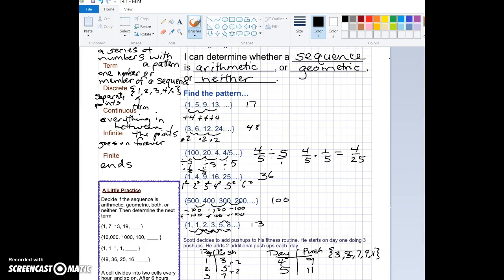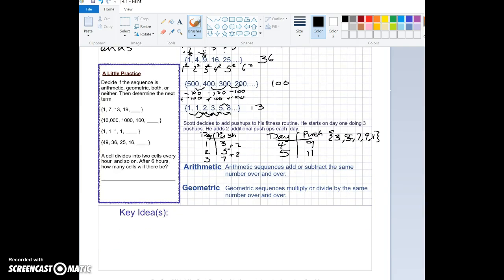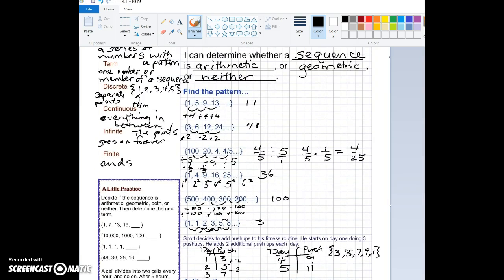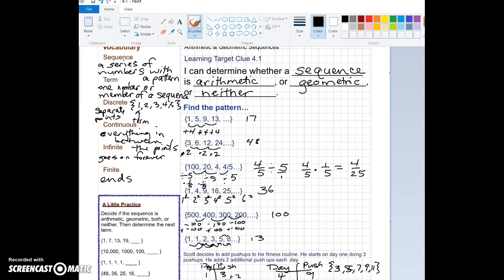So I want to teach you about 2 different sequences. One is called an arithmetic sequence. The other is called a geometric sequence. An arithmetic sequence always adds or subtracts the same number over and over. All right? So looking here, let's see if we can identify which of these patterns is an arithmetic sequence. I'm going to put a big A by them. See if you can find them.